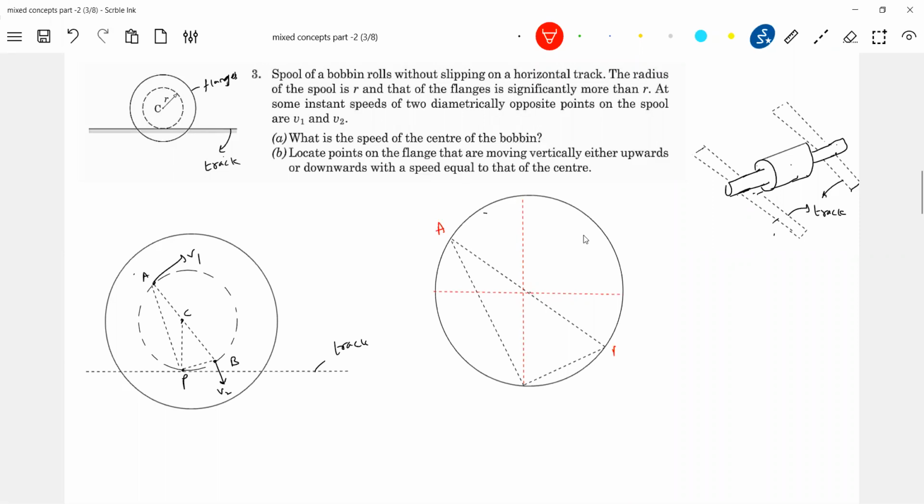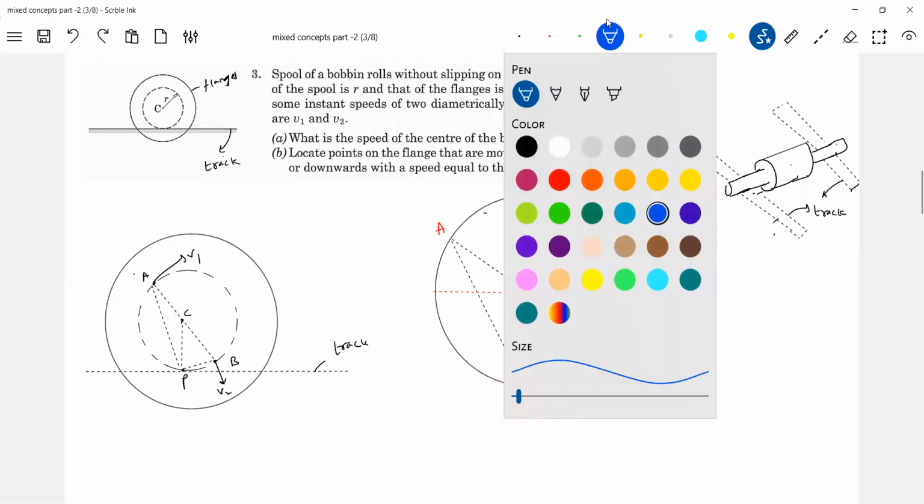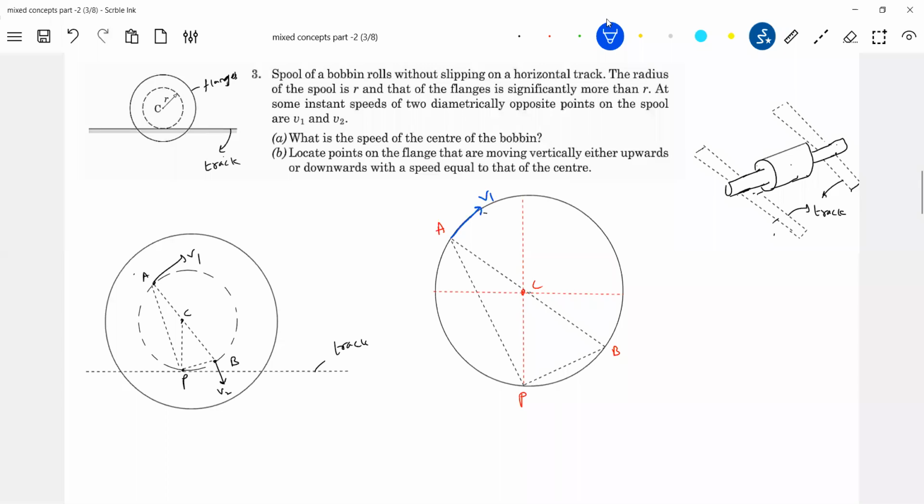This is A, this is B, and this is point P, and it is asking for the velocity of the center of mass. The velocity of A will be tangential to it, and the velocity of B will be perpendicular to the line PB.